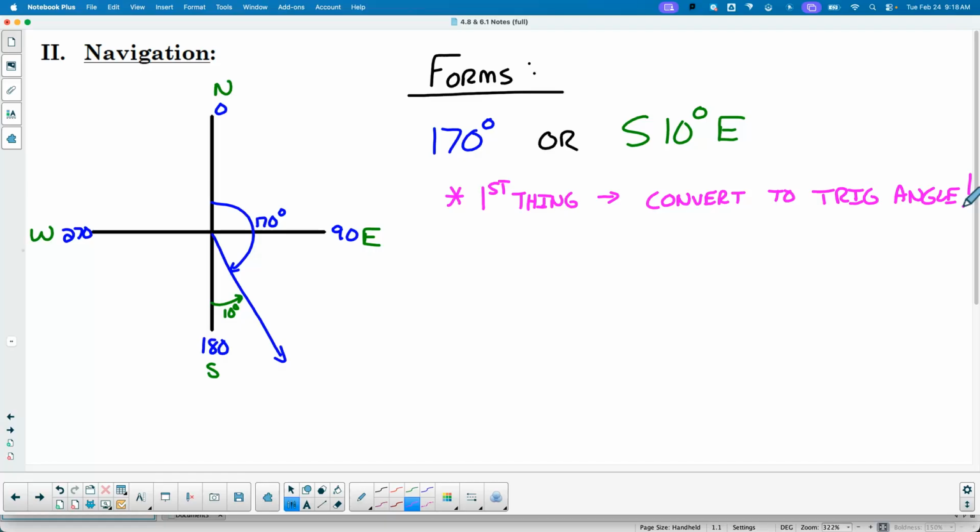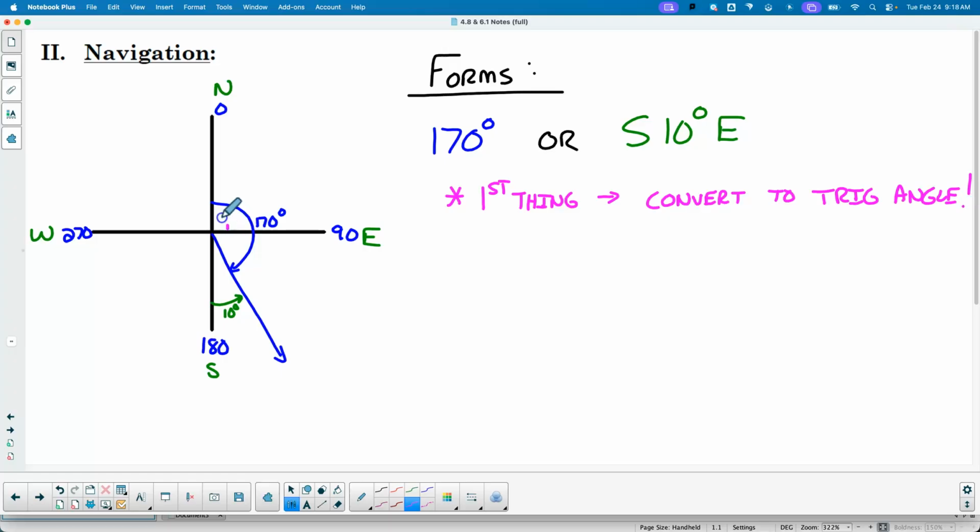Okay. What would this 170 degree bearing, or south 10 degrees east, be in a trig angle? Anybody? Trig angle for this one? 280 degrees. Okay?